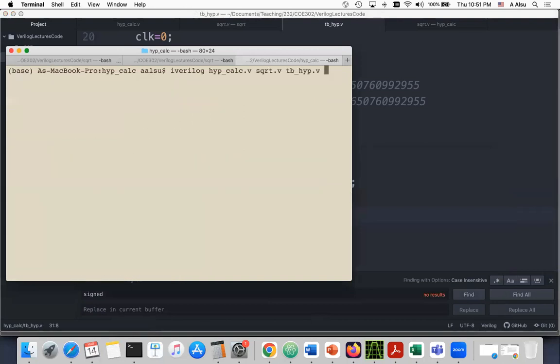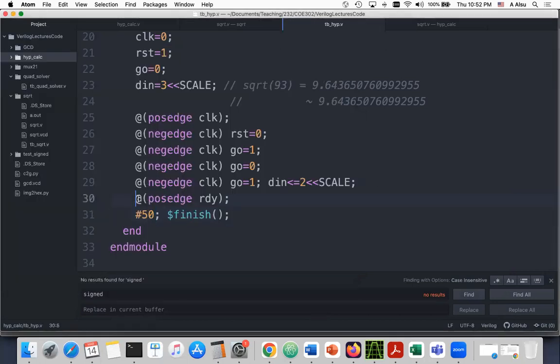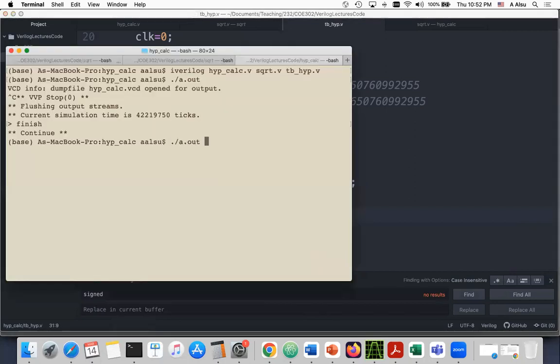Let me compile my code and run it. Actually, there's still a problem. Let's set this back to what it was and see what is wrong again.